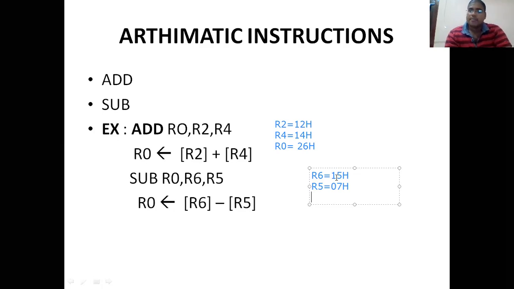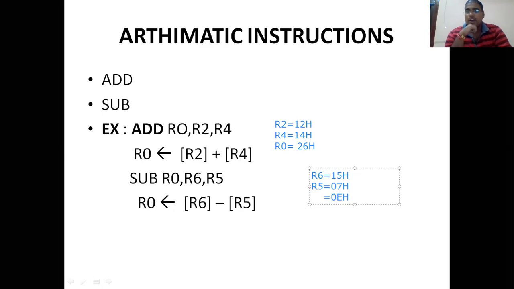How much do we get? 14, isn't it? So the answer is 14. 14 will be written as 0E, that is 0EH. So this is the subtraction value.